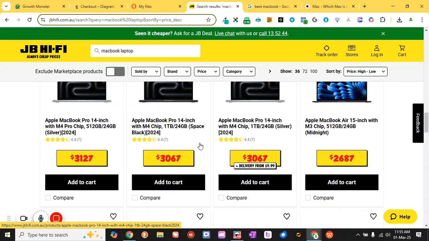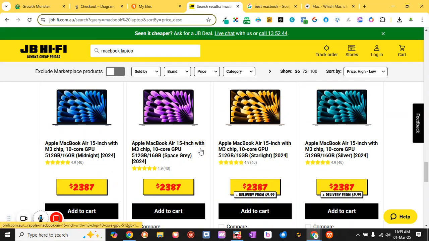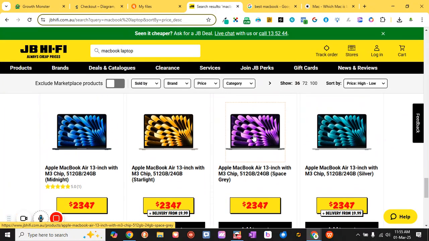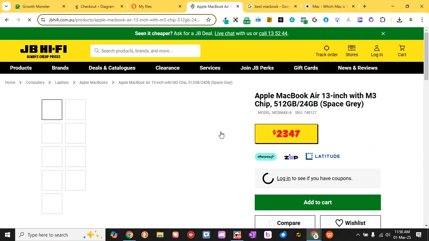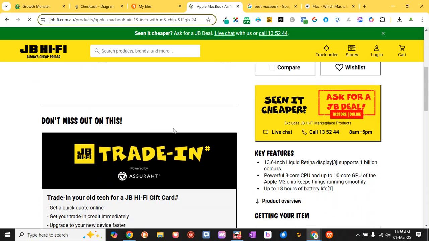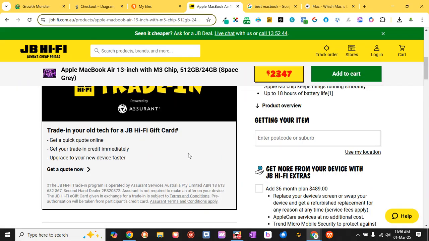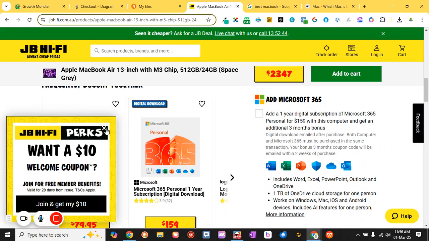Now that you know the chipset, we're going to see what the differences are, because they're probably going to be M3. So let's click up this one.